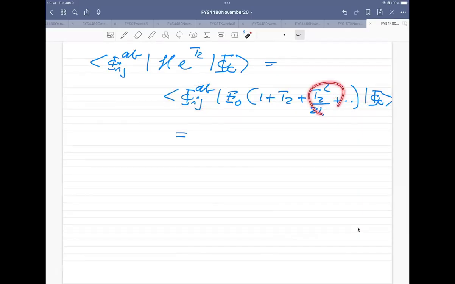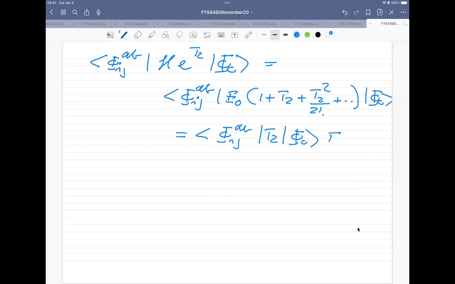So all terms with T2 to the power of 2 or higher are going to vanish due to the orthogonality of the states. The only term which remains is this one. So the right-hand side is then given by phi_ij^ab of T2 with phi_0 multiplied with E0.